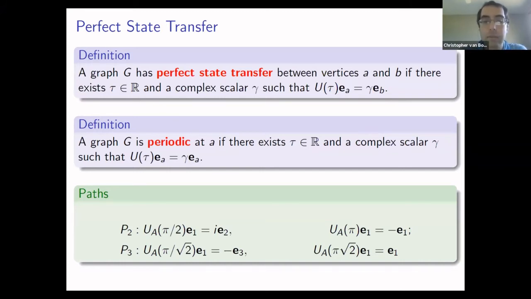And then at pi times √2, it's periodic. So essentially, if you get perfect state transfer between 2 vertices and then let it run that time interval again, you'll get back to where you started.